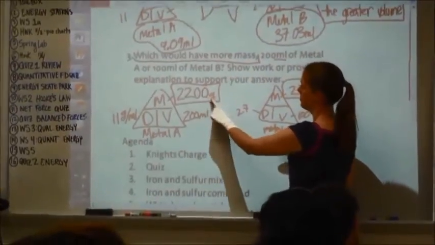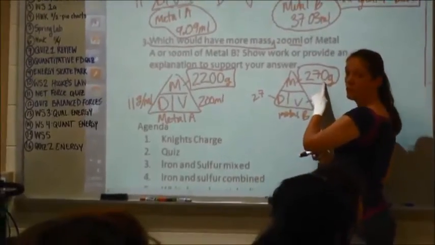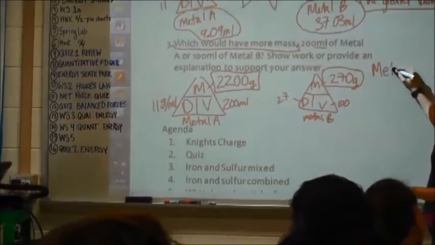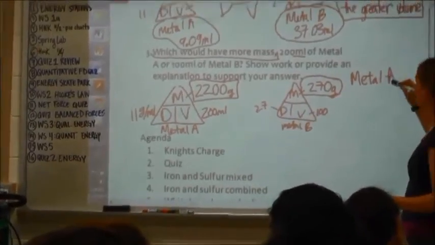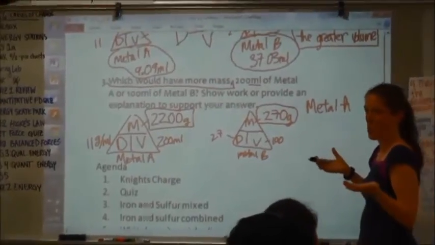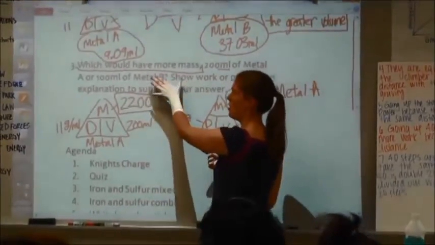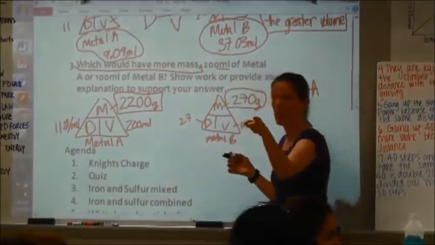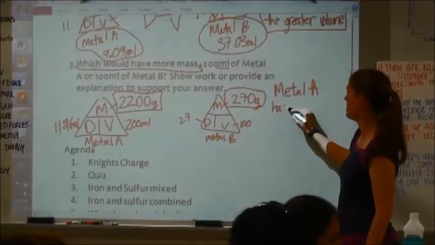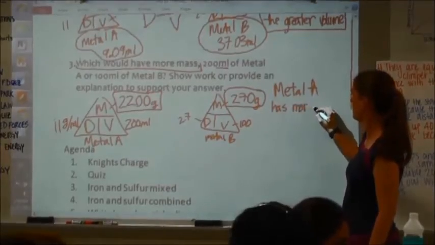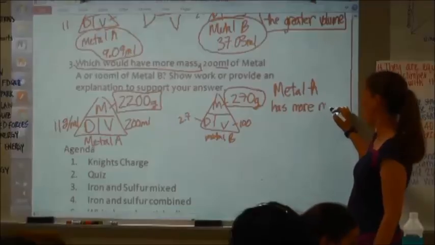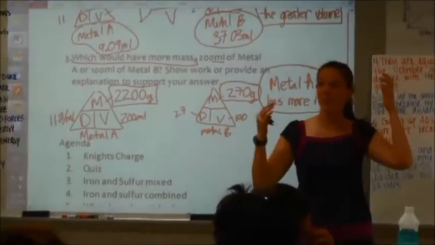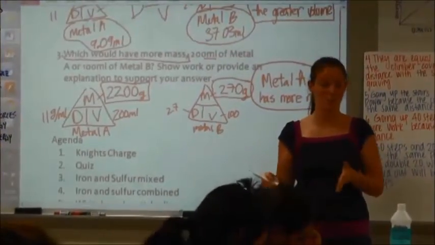Metal A or metal B? Okay, so we'll start with that and then we need a full sentence. So metal A. What about metal A? Let's use the question. Metal A. Good. Metal A has more mass. Okay, and that's our answer. Metal A has more mass.